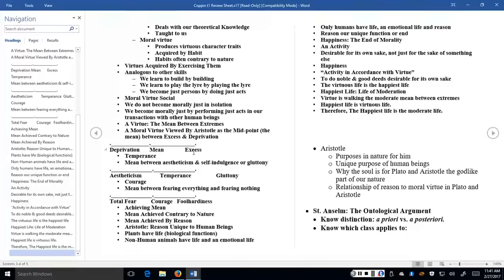For him, it's not vice at one end, virtue at the other, but the virtuous choice is the middle ground between two vices. One, a vice of deprivation, the other, a vice of excess. And you can see them here, and these virtues are also summarized.